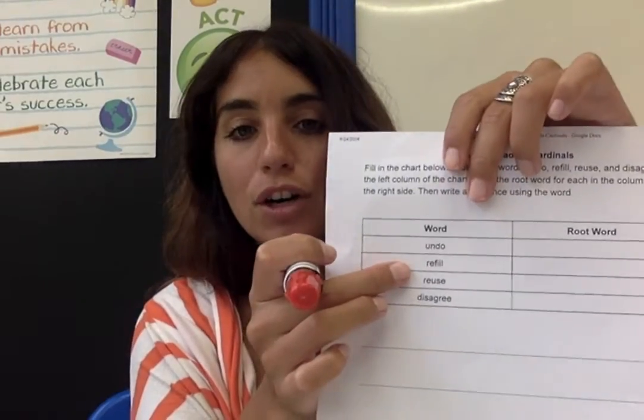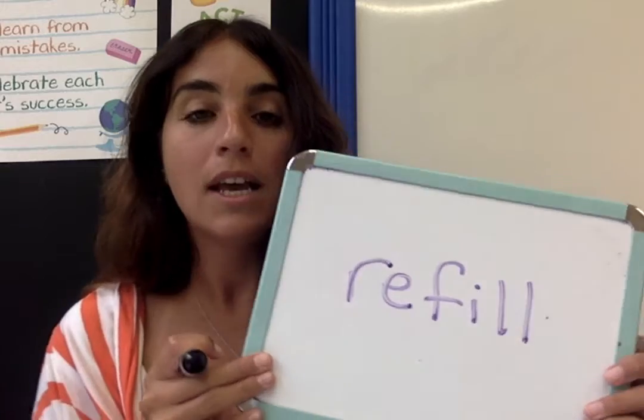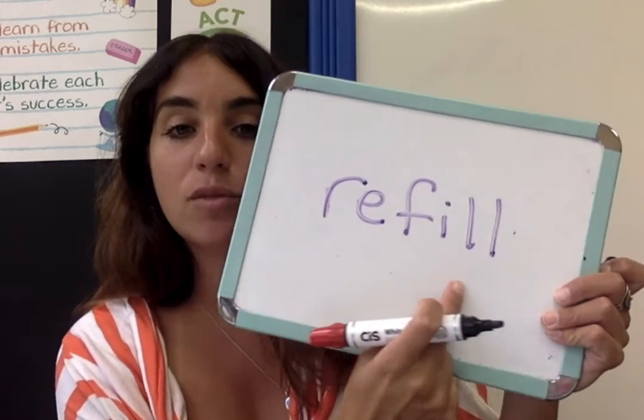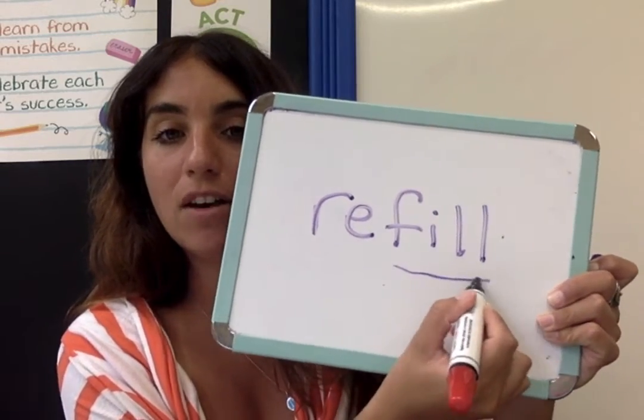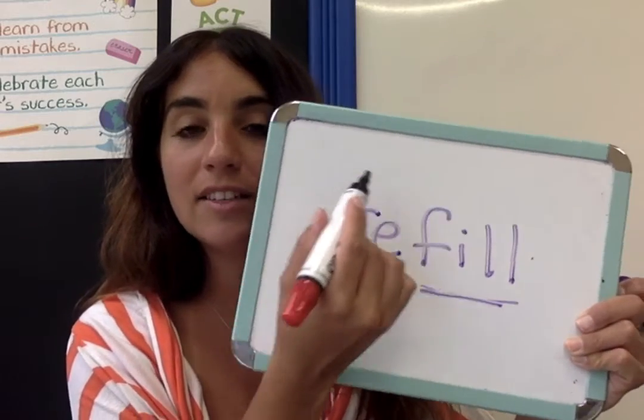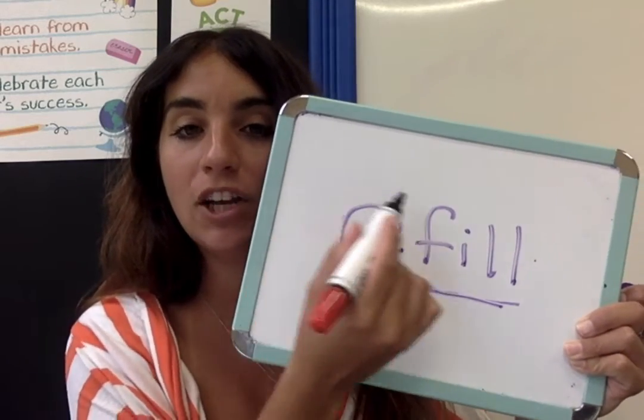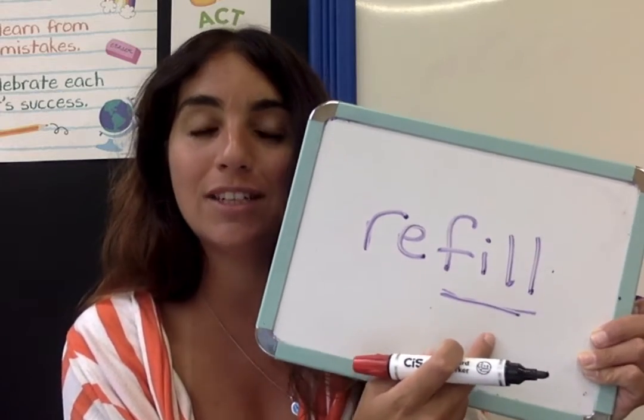Let's take a look at another one. You ready? Refill. That is the second word right here. Refill. So in this word, we need to find the root word. Now the root word is basically this word right here, fill. And this is the part of the word, the beginning 2 letters, that changes this meaning.